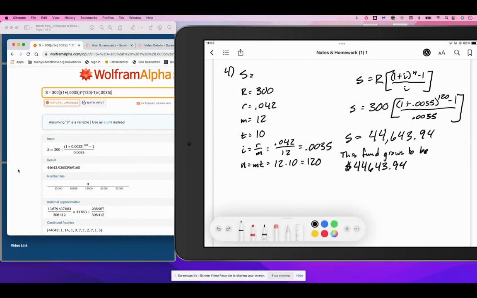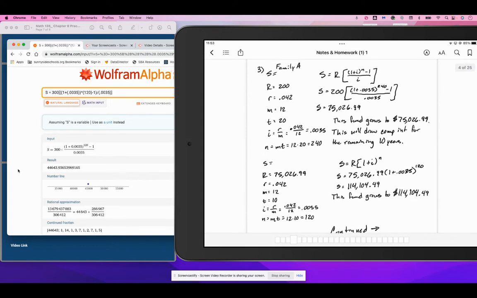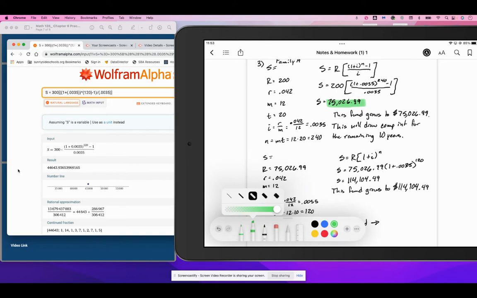So we end up with two funds here, everyone. So again, starting with this page, this is the first fund that they were putting the $200 into every month. And that started as an annuity. And then when they decided to change how much they were putting in the fund, that same fund kept growing by compound interest.